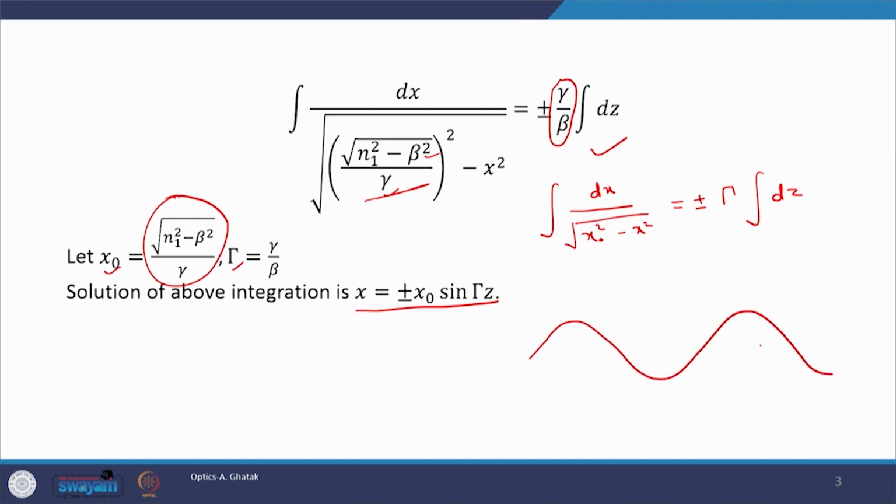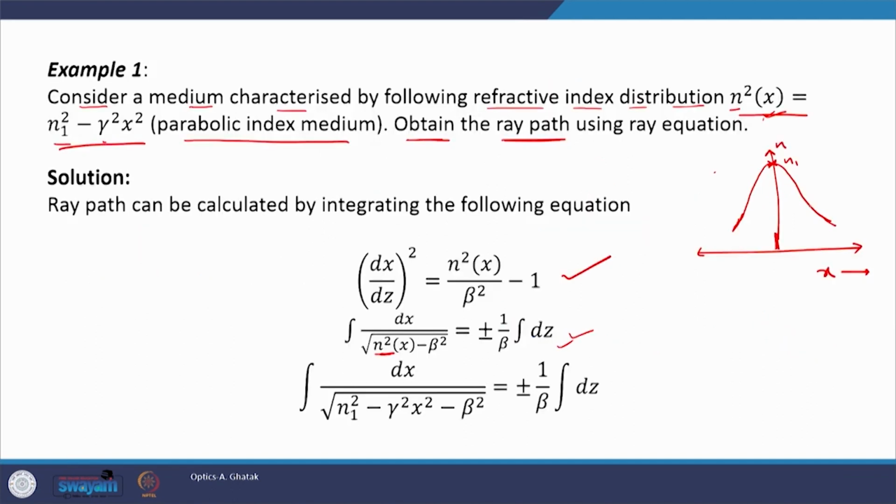Let us choose a different pen to highlight things. Now, suppose there is this axis of symmetry, and the ray is going like this as per this expression. Now, the refractive index which is plotted here is parabolic.